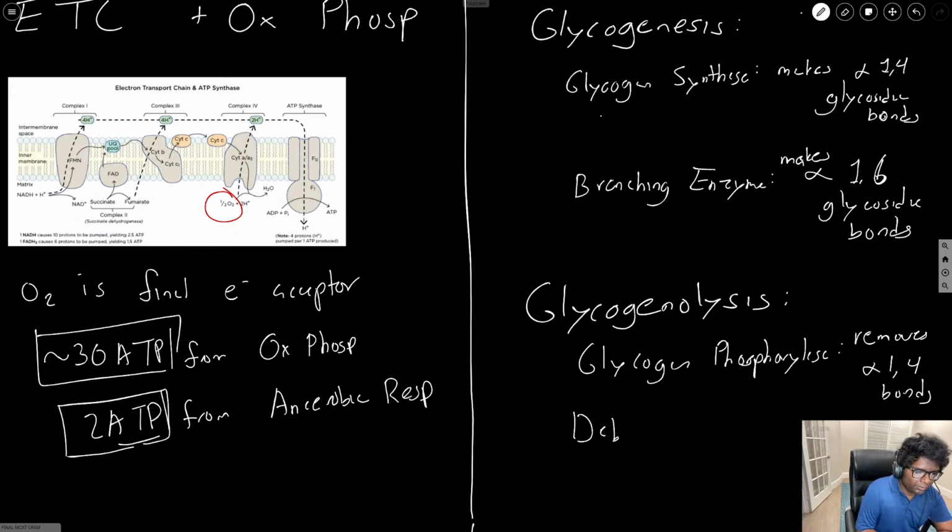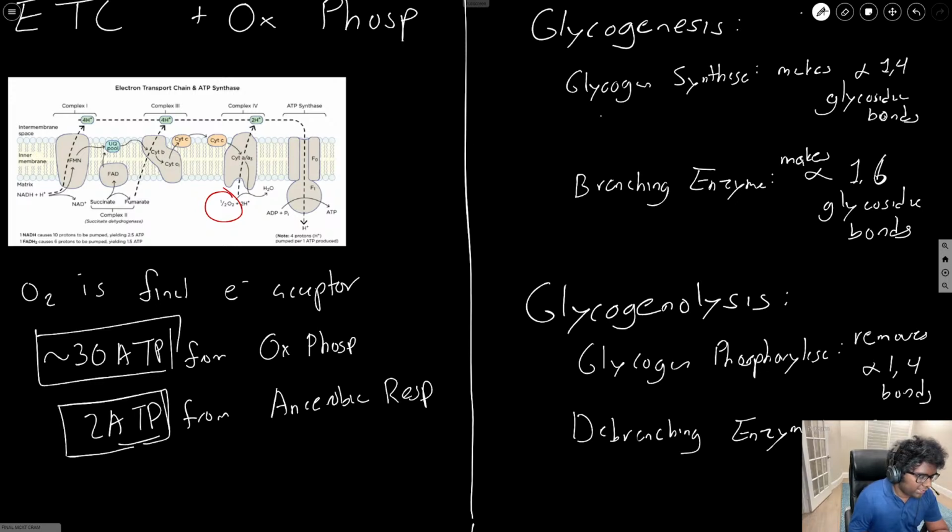And you won't believe what the debranching enzyme does. Removes alpha 1,6 bonds. I know I went through these two really fast. There's nothing important that you really need to know about these pathways or any of their products or reactions. Just know what those enzymes do.